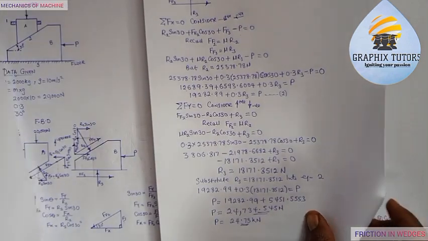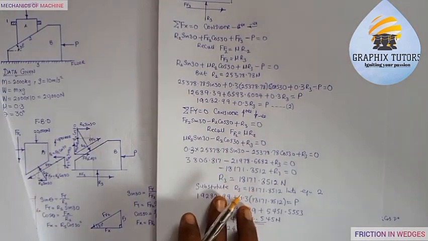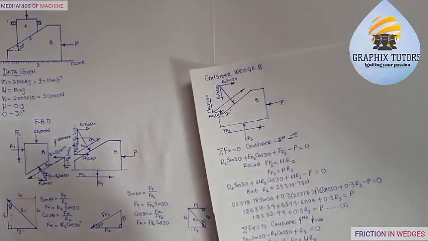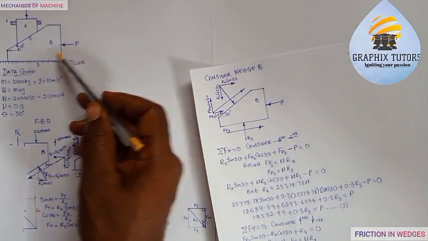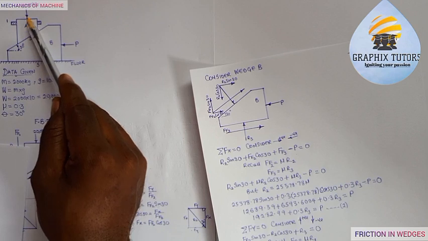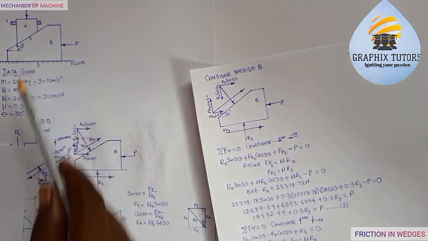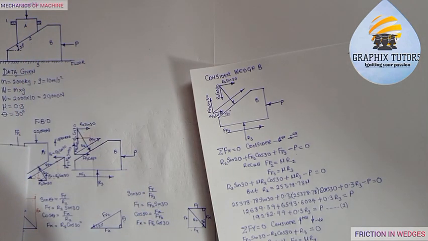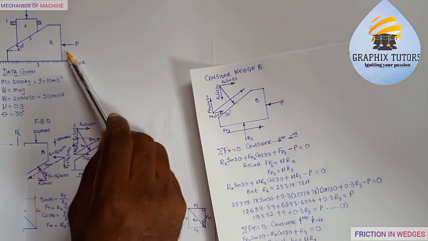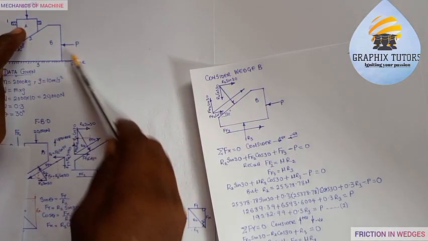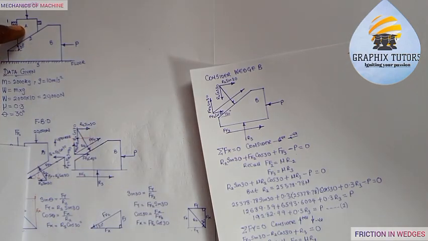We successfully calculated the force that is needed to push this wedge B in order to lift this wedge A. So we need 24,734.545 Newton of force required to lift the weight of 20,000. Is that okay now?